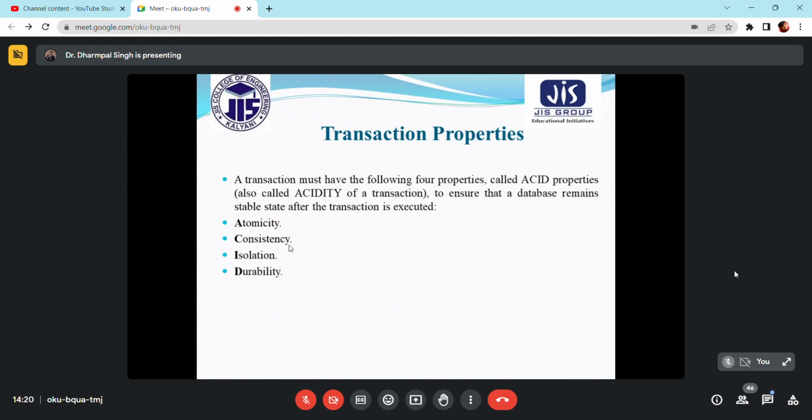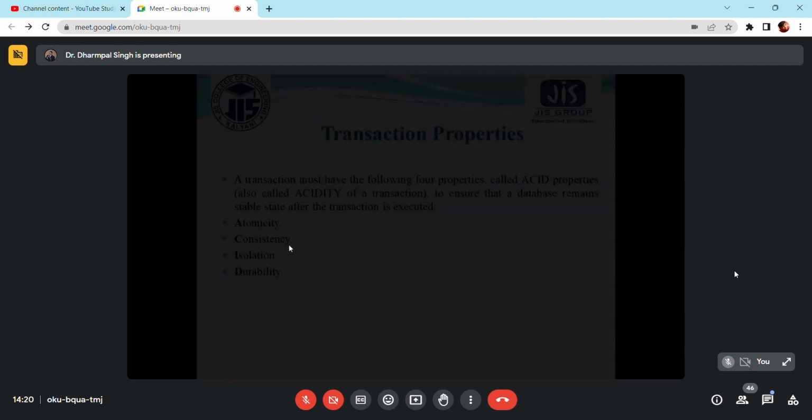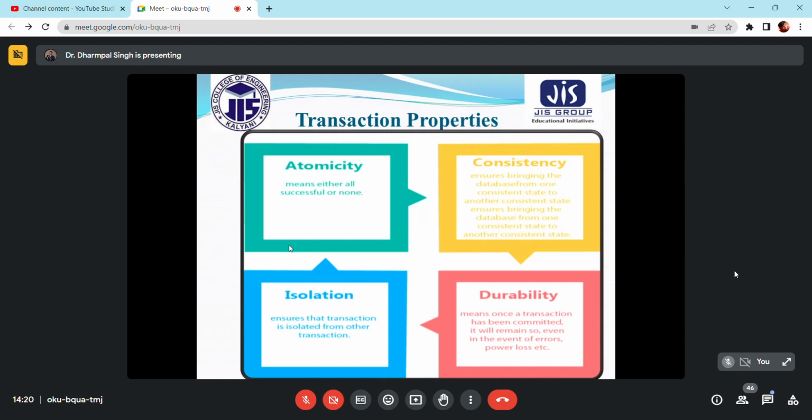What is atomicity? From the property, you can see that atomicity is saying that either all succeed or none.